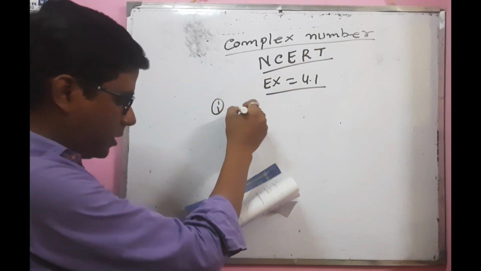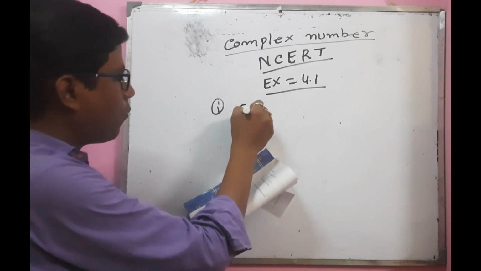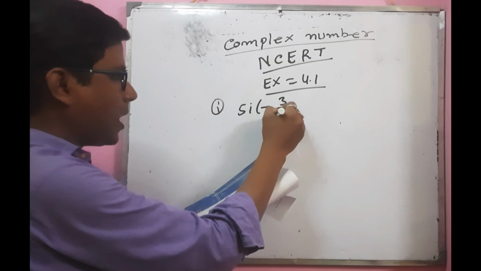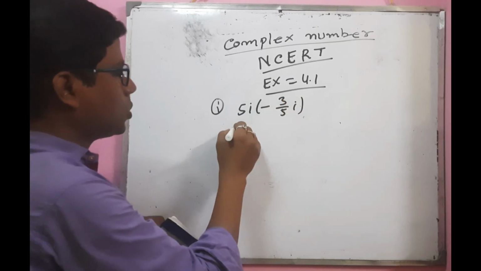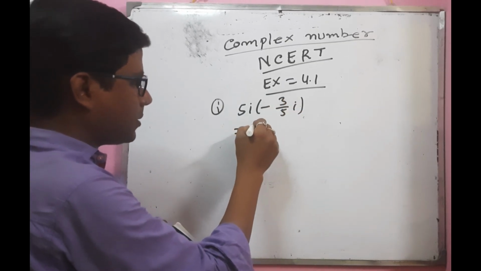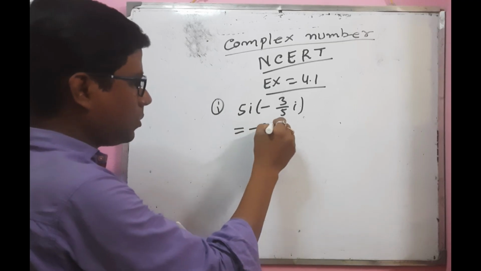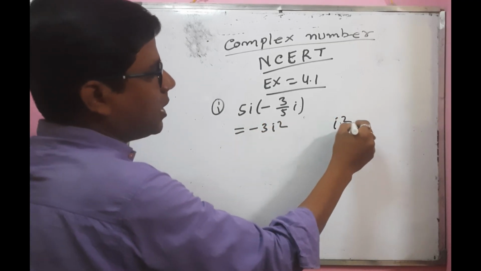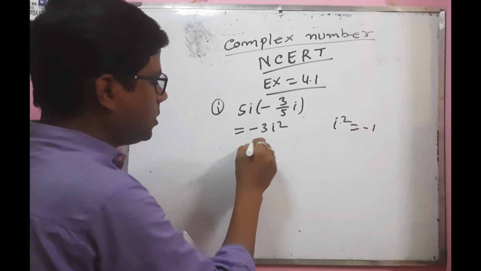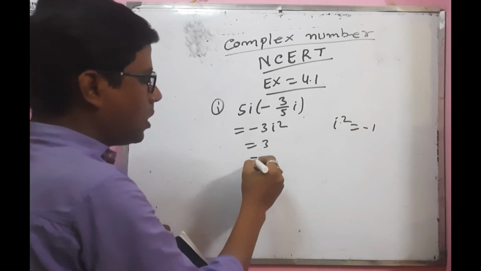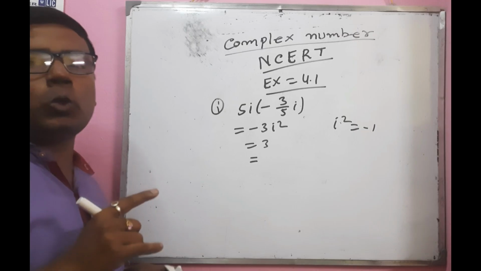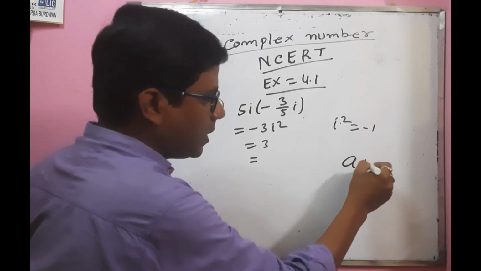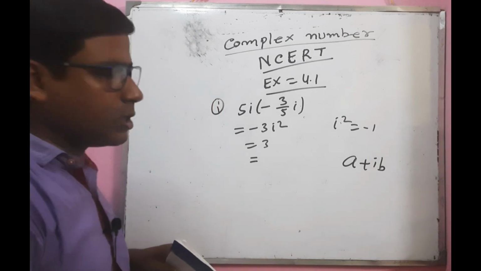So first is 5i multiplied with 3 by 5i. So if we multiply, then we get 3i square, and we know that i square is equal to minus 1, so put it, so 3. So you have to express this in the form of A plus iB by the given condition.